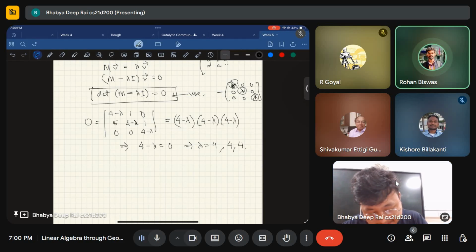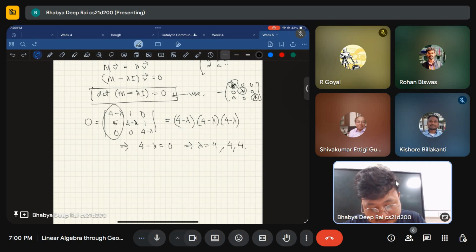I think you'll multiply this by 5 and subtract it from this, right? Then you will get an additional factor of lambda, some 5 times 4 minus lambda, and then you'll subtract from here.